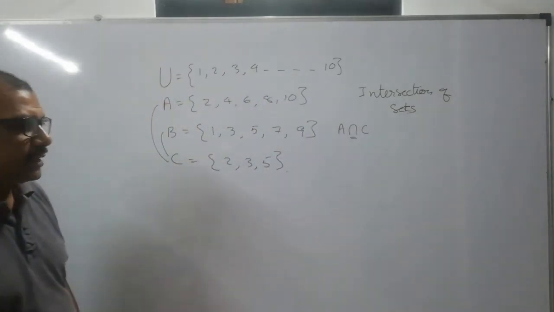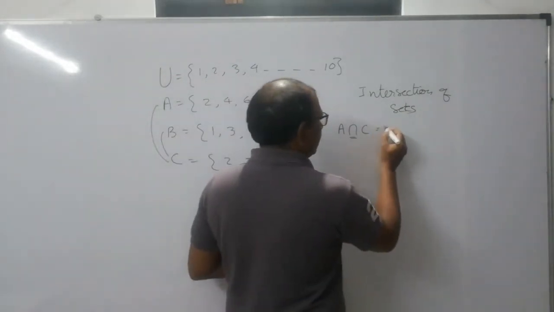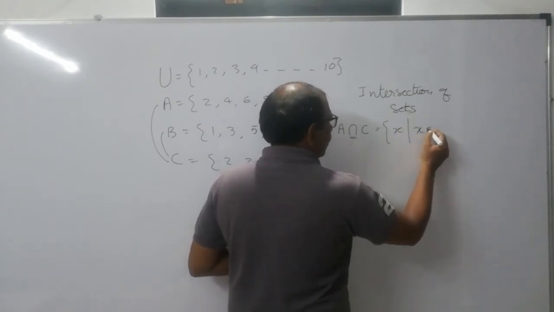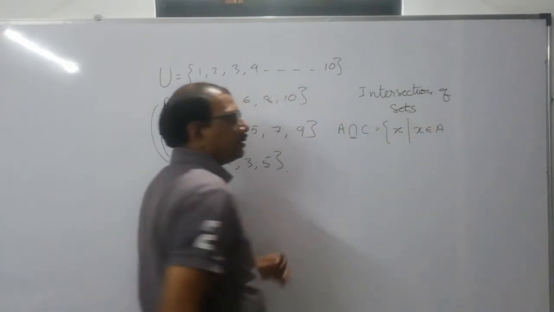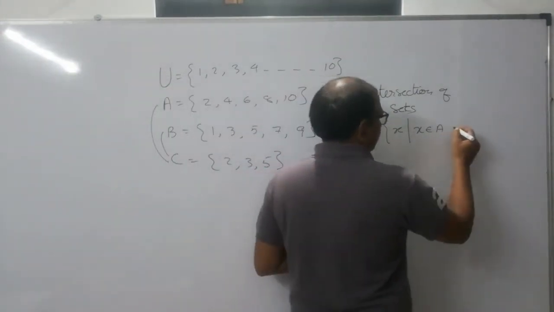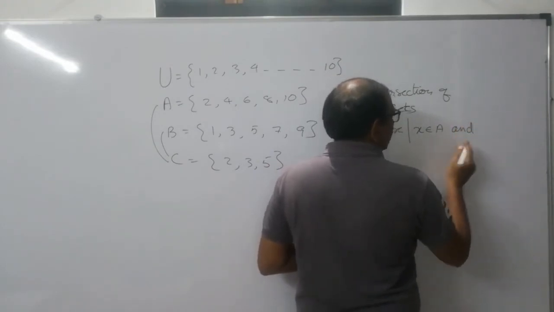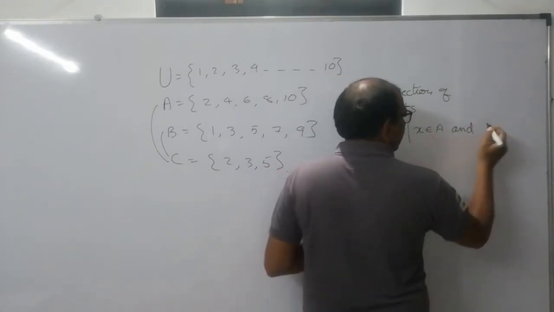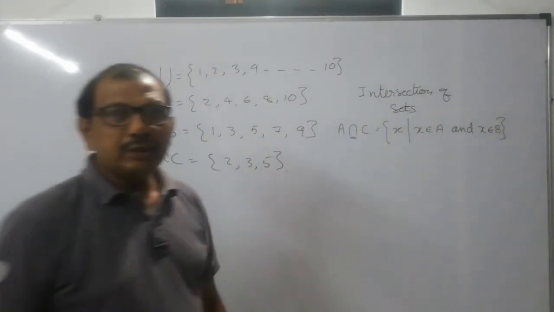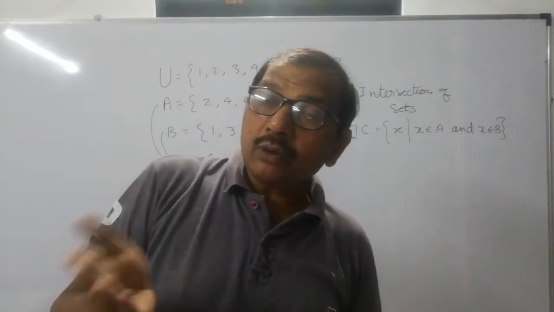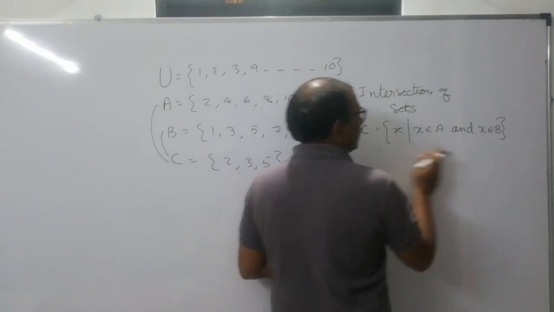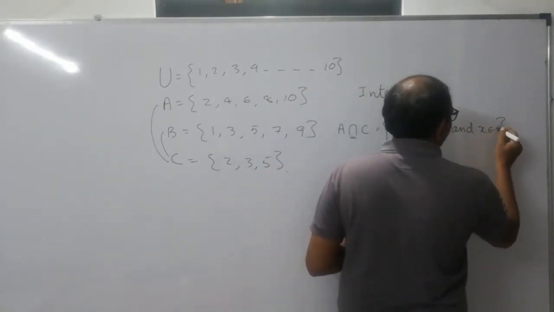So A intersection C is once again a set of all x such that x belongs to A, important one, x belongs to A and, union meant or, intersection means and, x belongs to C. What is the meaning of that? मतलब वो A में भी होना चाहिए और C में भी होना चाहिए. सॉरी, यहाँ पे C लिया है, A intersection C, so this should have been C, right?